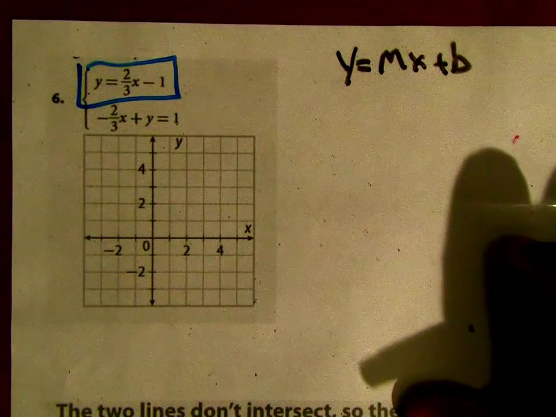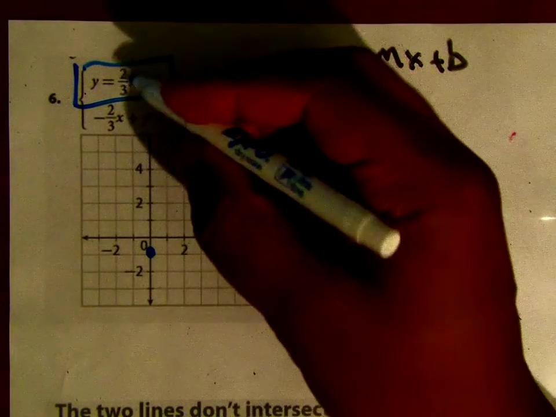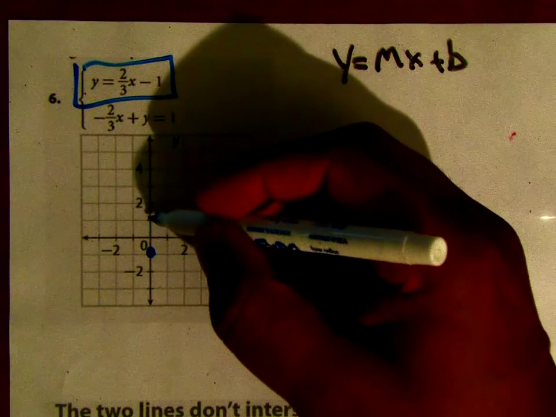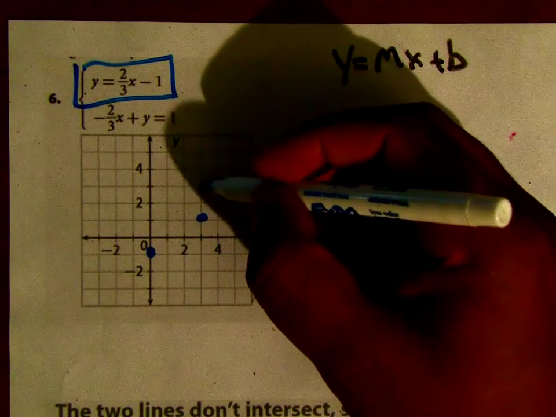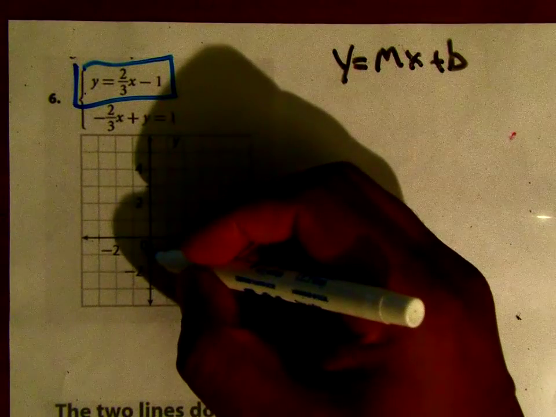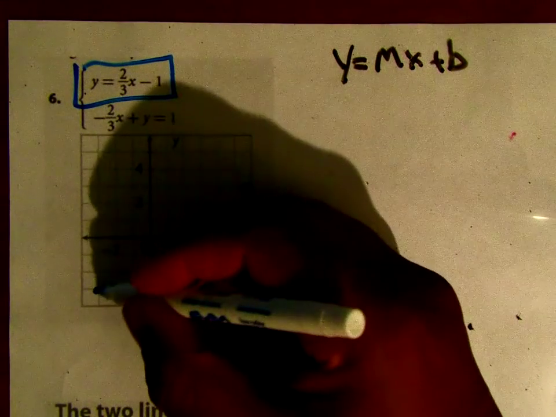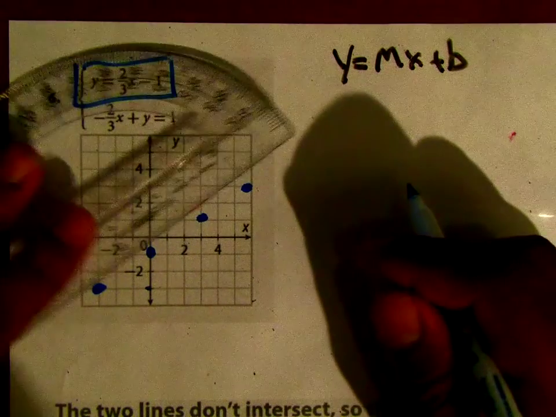So I'm going to go ahead and graph that one. I'm going to start at negative 1, which is here, and rise 2 and go to the right 3. You also go down 2 to the left 3. And that's my first line.